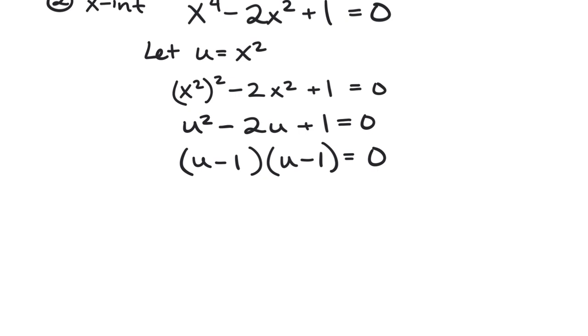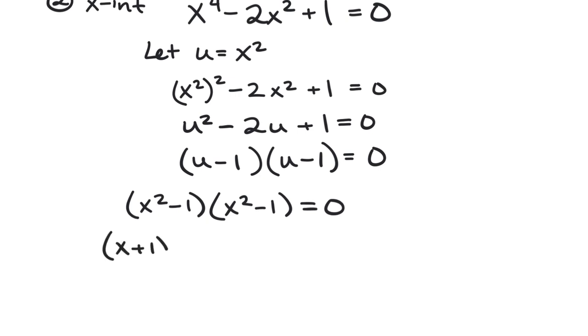Now we put everything back, because we've got it factored, but we want it to be back with x's. So we put the x squareds back. Unfortunately, I'm still not done, because remember, we're trying to find the x-intercepts. Do you recognize that this is difference of 2 squares twice?